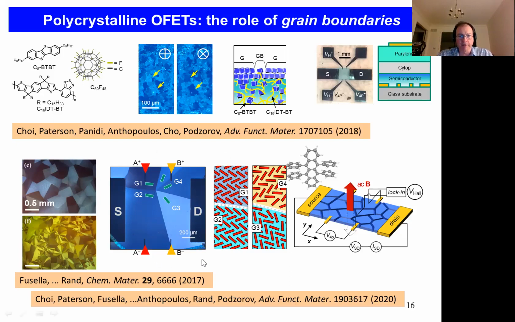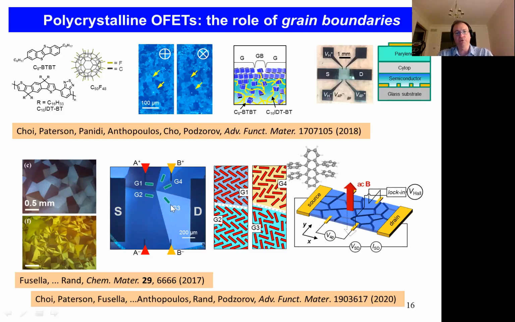Also, fundamentally, these films are very interesting because the grain size in these samples is so large, and the grain boundaries are so well defined, that you can have an individual single grain or just a few grains in your macroscopic semiconducting channel. Here, for instance, you can see an actual polarized optical microscopy image of one of our devices, where you have source and drain, voltage probes, and a few grains growing from this point.